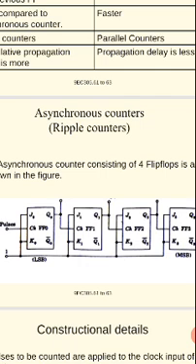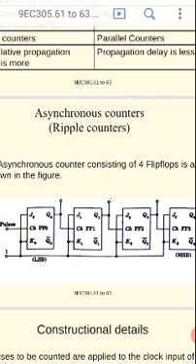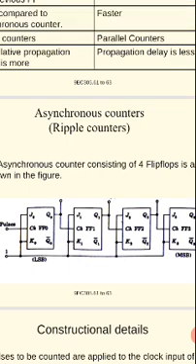Hence it is called an asynchronous counter or ripple counter. And output is taken at Q's, not at Q bar.